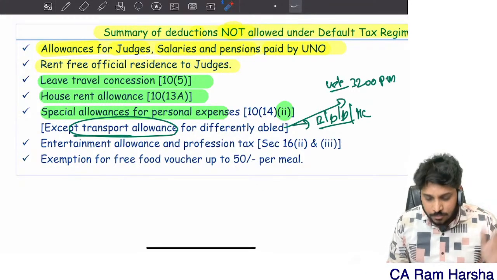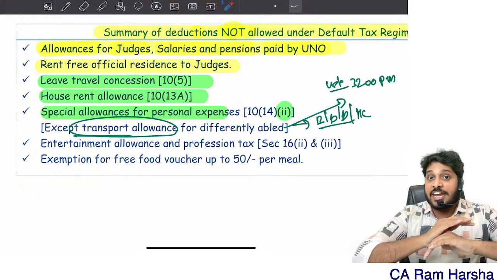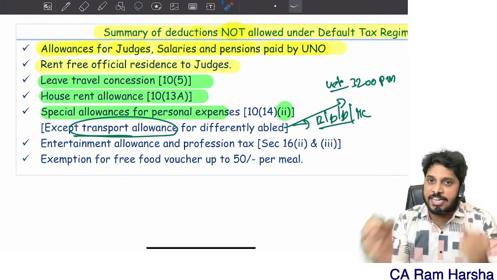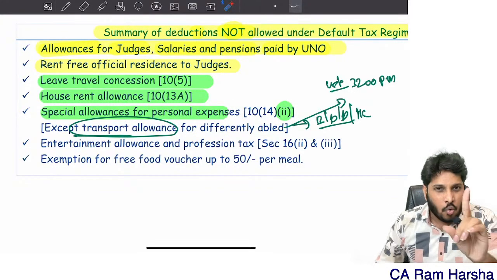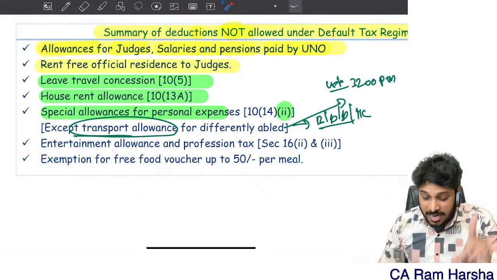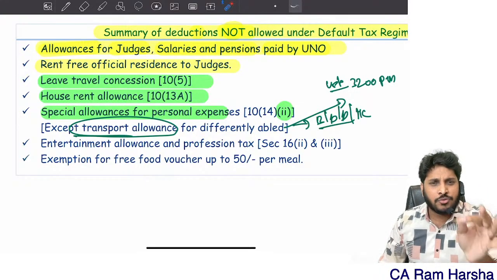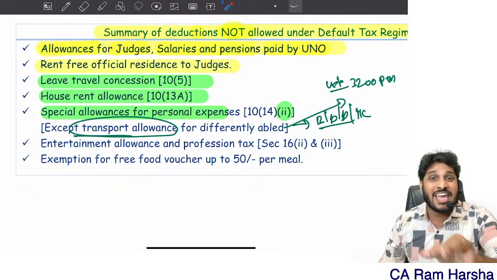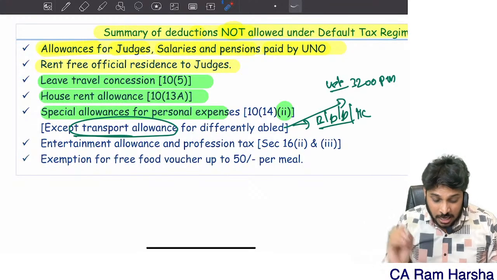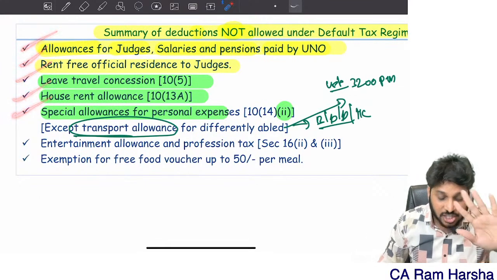So all special allowances which are personal in nature, straight away no deduction. They are fully taxable, only transportation allowance received by blind, deaf, dumb people, only for them up to 3,200 rupees per month they will get a deduction under default tax. Remember, these are what you will not get on default tax.